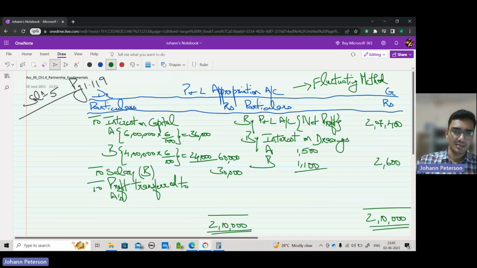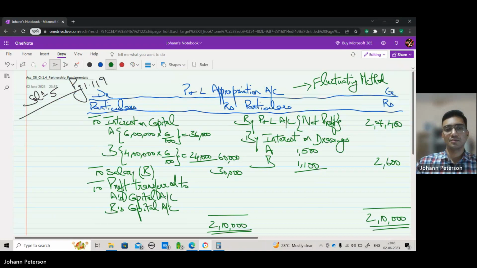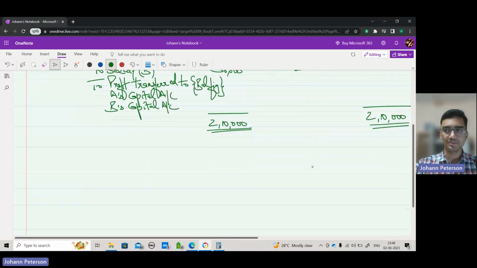A. So A's capital account and B's capital account. How much do we have to transfer? This is our balancing figure. Always write this. So how much is this amount? Let's calculate. Let's go to some of our working note that we're going to do for this question.